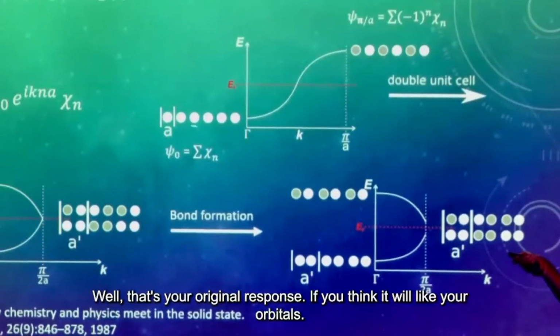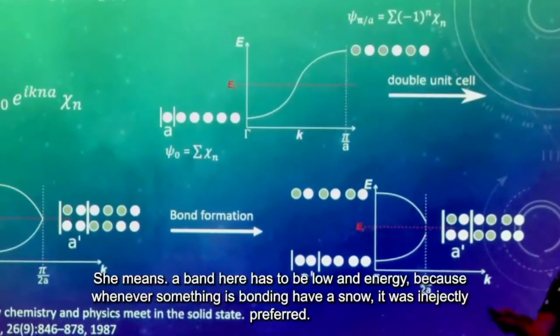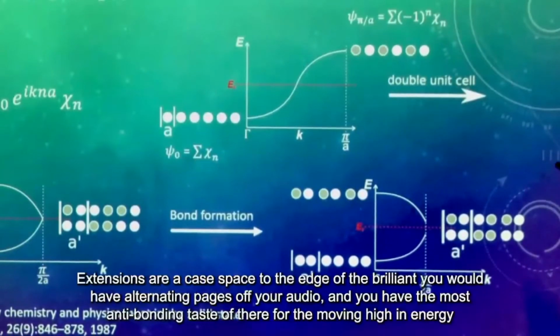So this is a very bonding molecular orbital, which means the band here has to be low in energy, because whenever something is bonding, chemists know it was energetically preferred. And if you extend this out in k space to the edge of the Brillouin zone, you will have alternating phases of your orbitals, and you have the most anti-bonding phase, and therefore this will be high in energy.